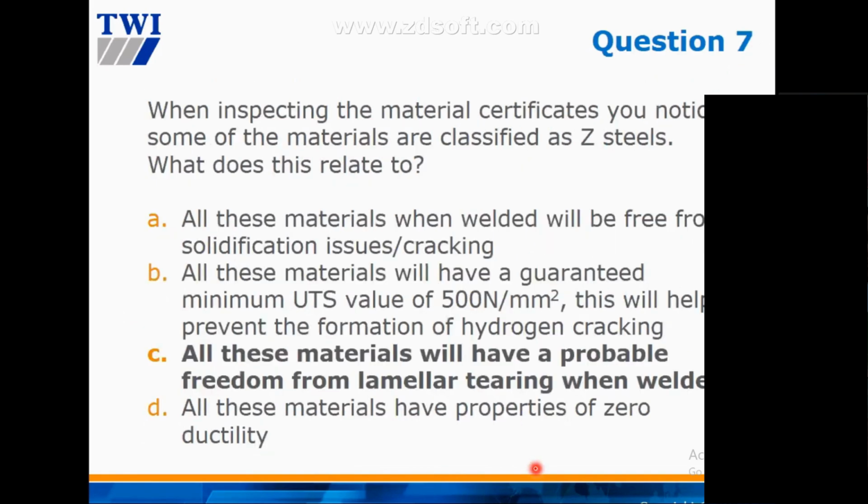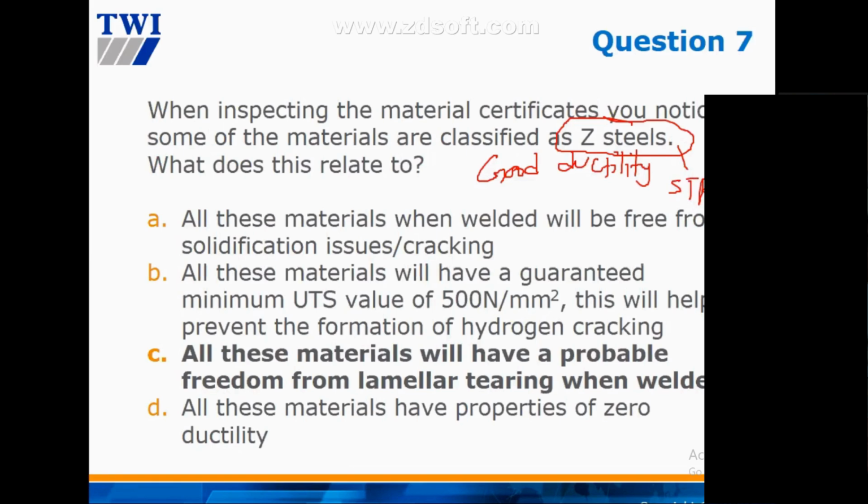All right, 7. When inspecting material certificate, you notice some material classed as Z steel or Z quality material. We understand when they say Z steel, meaning this type of material got good ductility, or good through-thickness ductility, where the percentage from STRA, short tensile reduction area, is more than 20%. It's a good ductile, more than 20%, that is that quality.